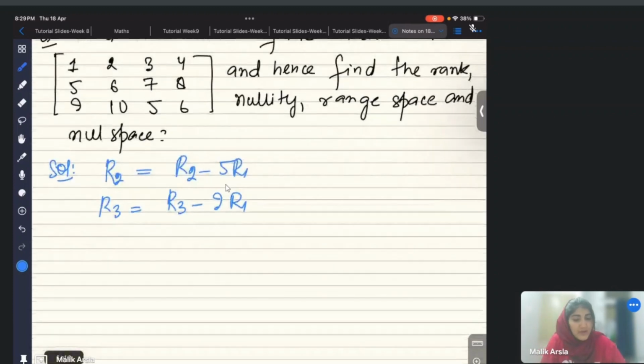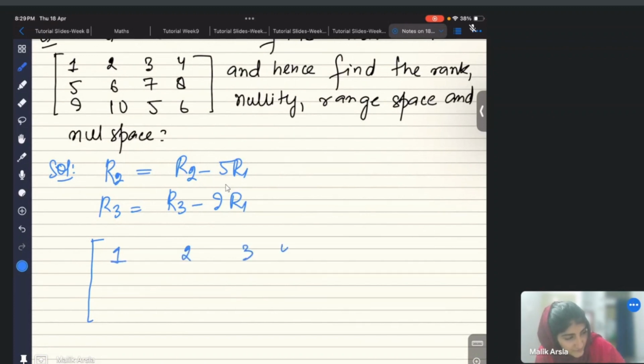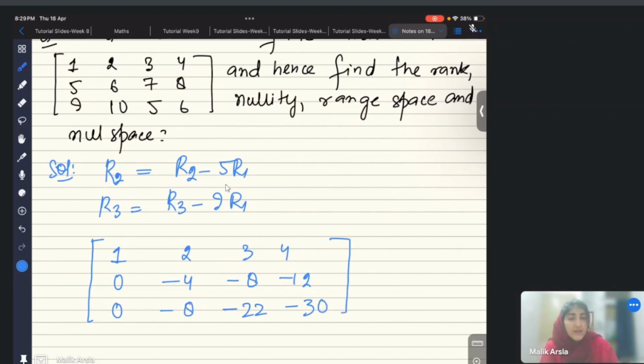The first row remains unchanged. In the second row we have 0, minus 4, minus 8 and minus 12. And R3 is R3 minus 9 R1, that is 9 minus 9, again 0, then minus 8, minus 22 and minus 13. Now our first column is done.